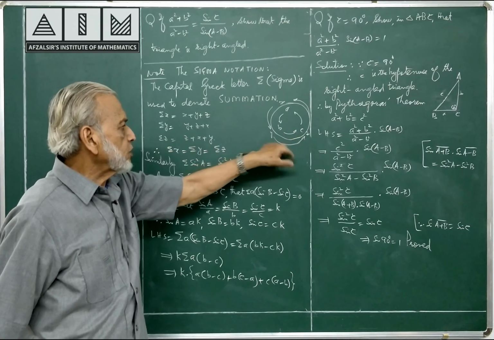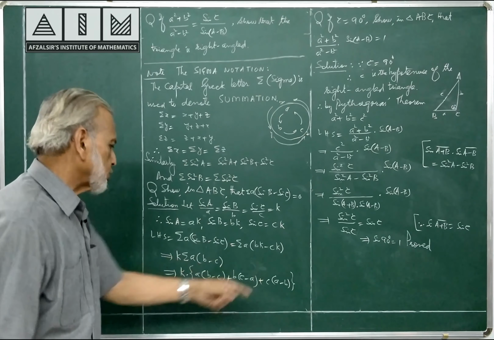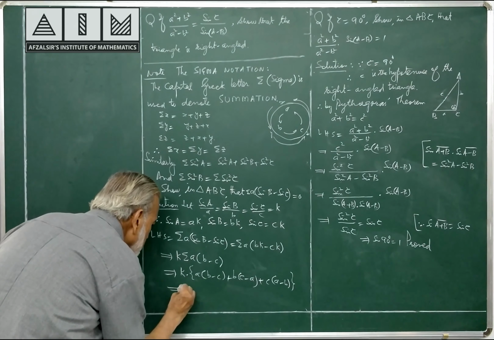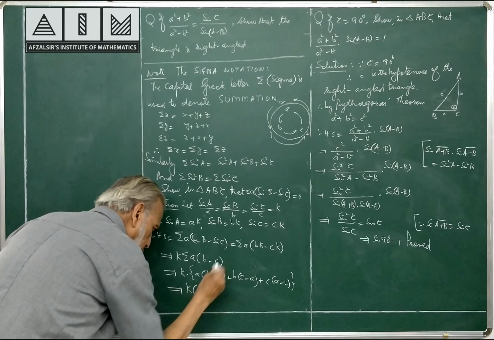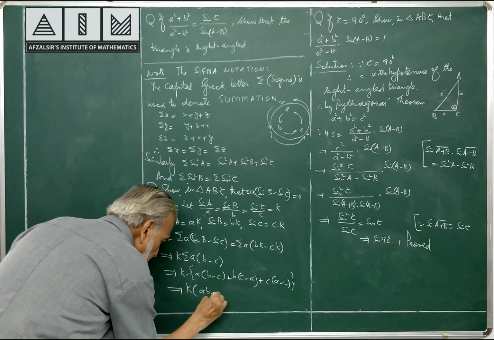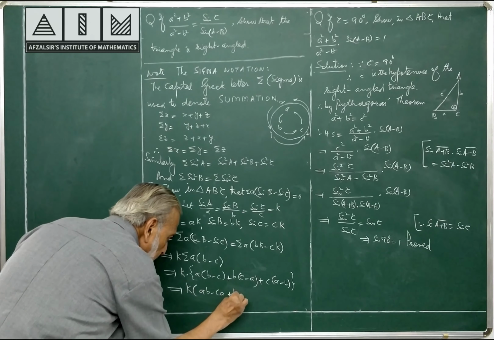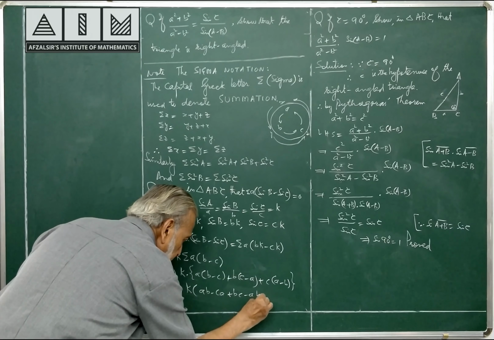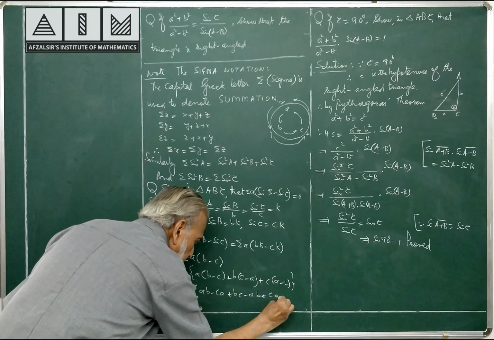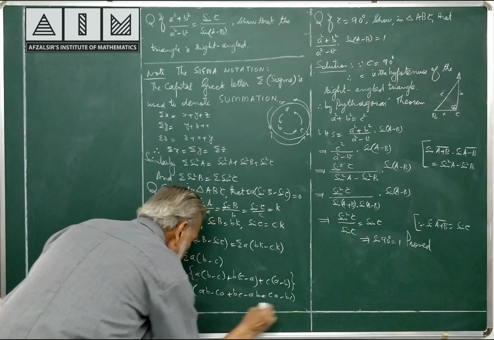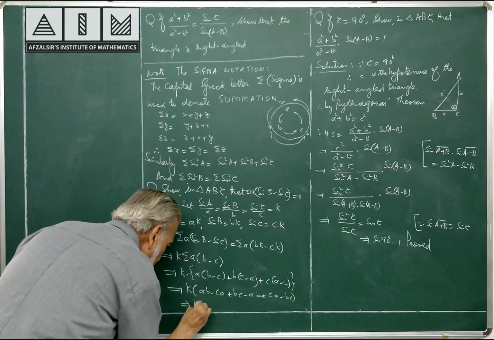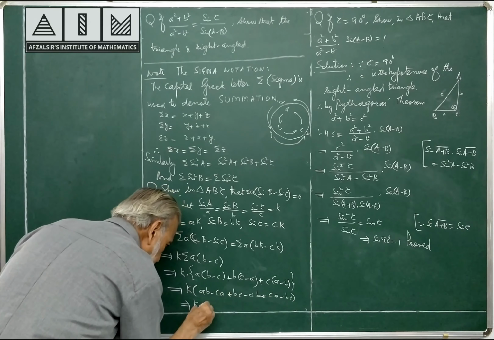A into B minus C, B into C minus A, C into A minus B. Open all the brackets, AB minus CA plus BC minus AB plus CA minus BC. All these terms will cancel, leaving 0 here.